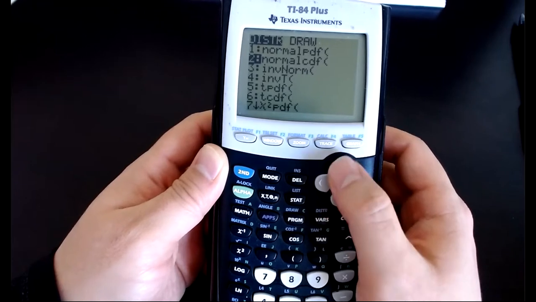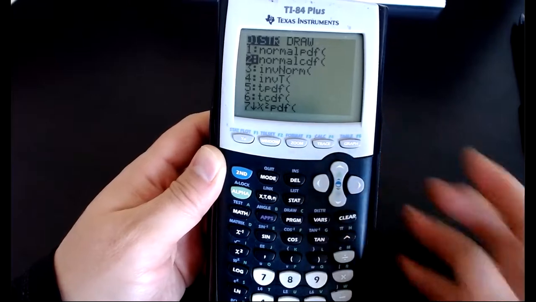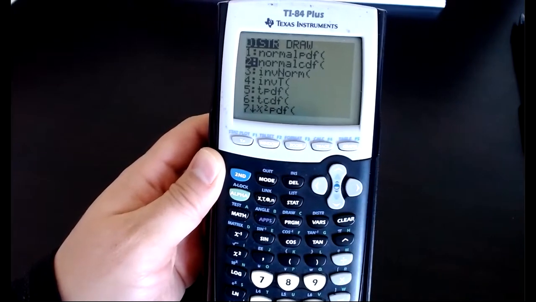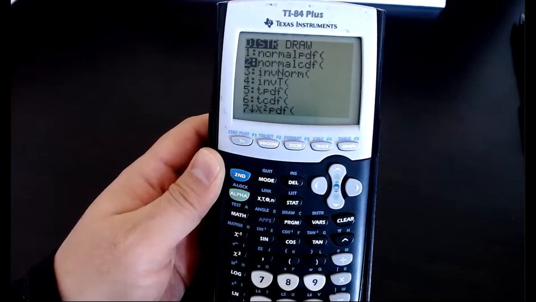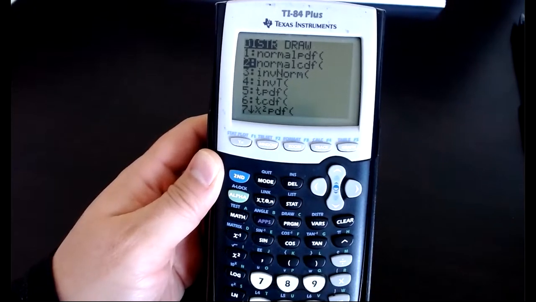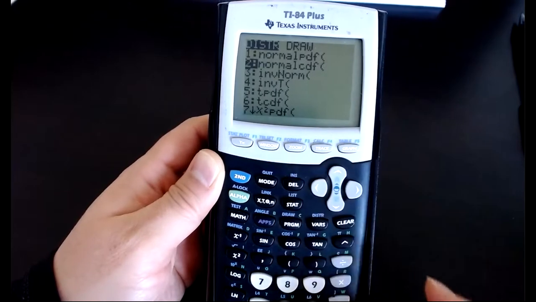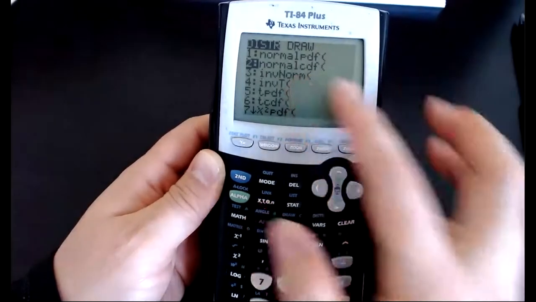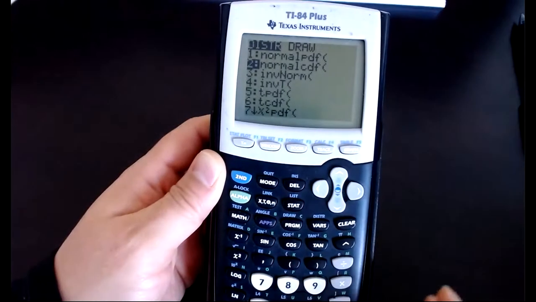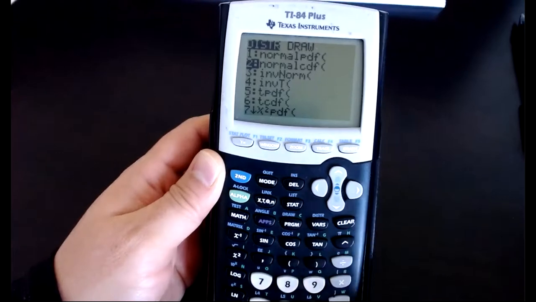But we want to find the probability that x is greater than 13, so we need to find the area from 13 to infinity. Even though the second one is named CDF, we use it for any probability between one number and another.